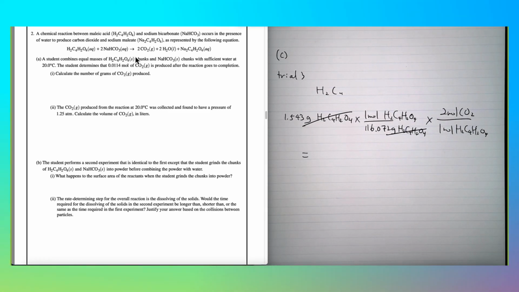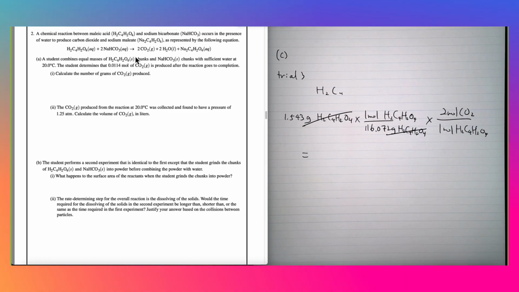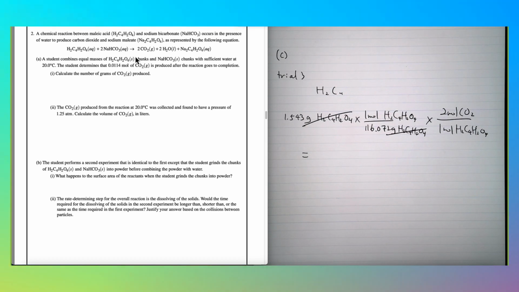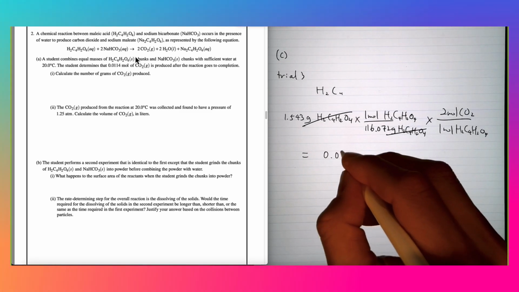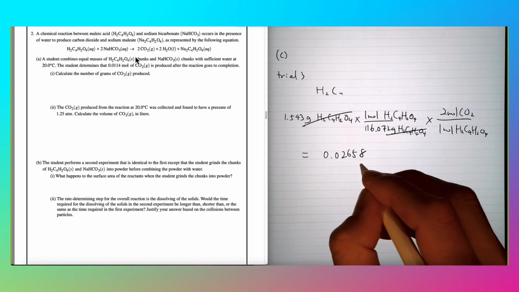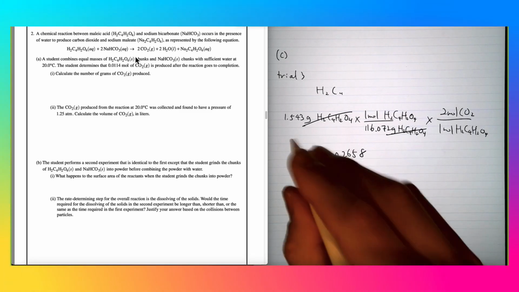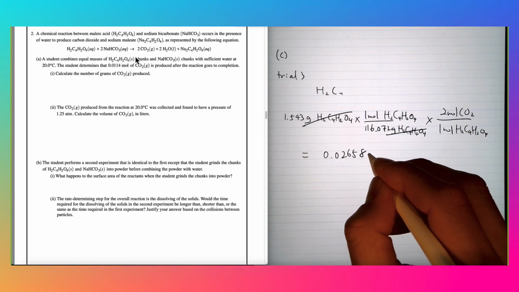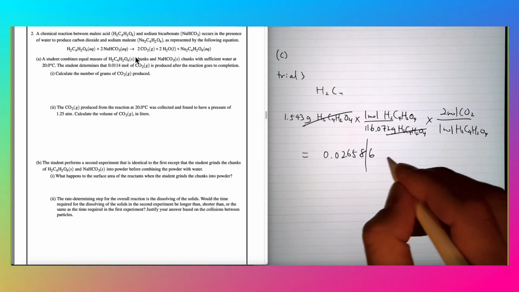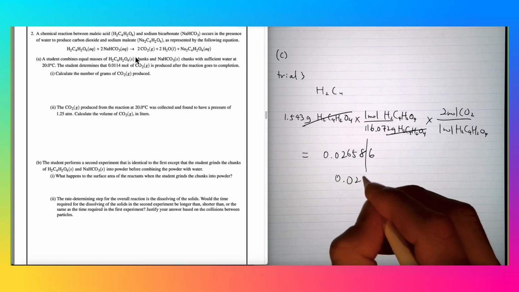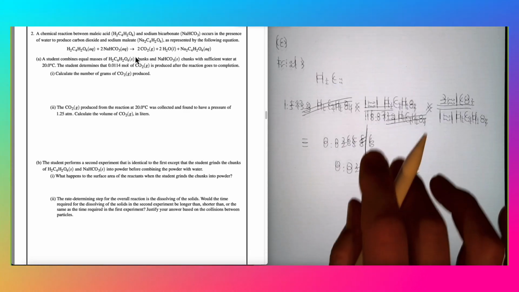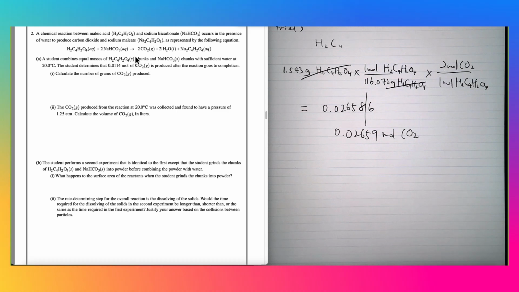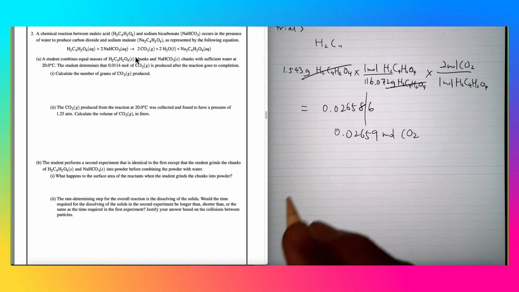So 1.543 divided by the molar mass, and then multiply that by 2, and you get 0.02659 moles of carbon dioxide, keeping 4 sig figs. Let's look at the other reactant, sodium bicarbonate.